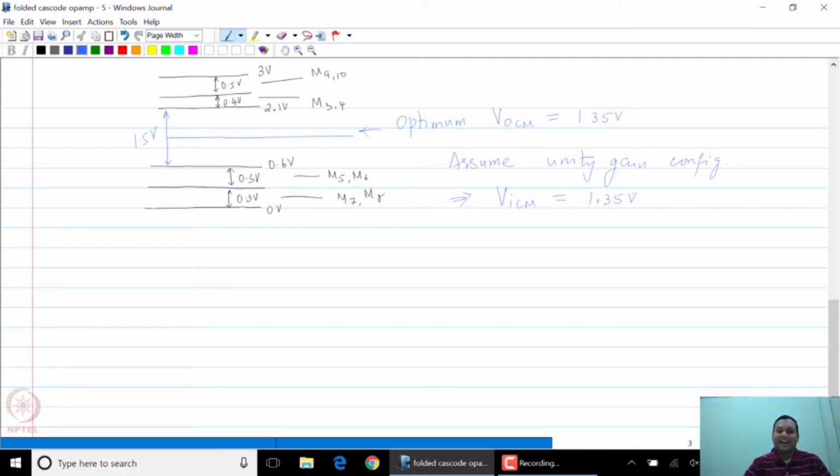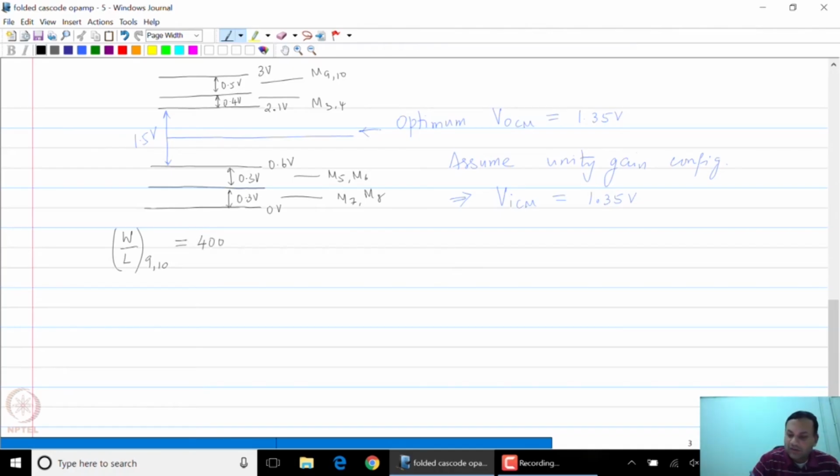Before we go there, now that we have fixed the overdrives of all M3 to M10, let us derive the W over L. Because we have fixed the currents and the overdrive voltages, you can calculate this.